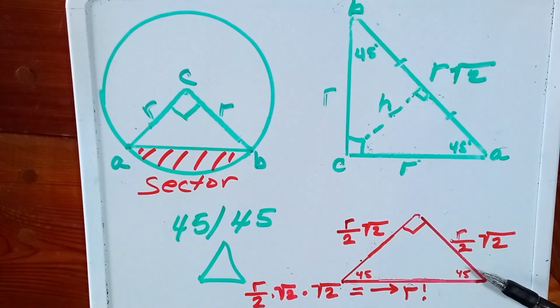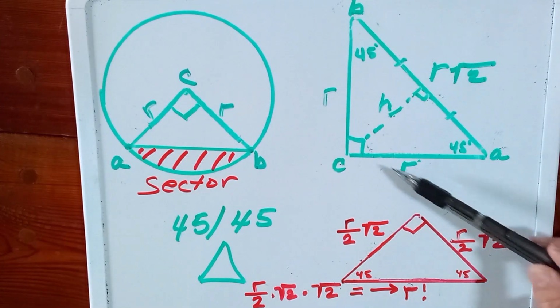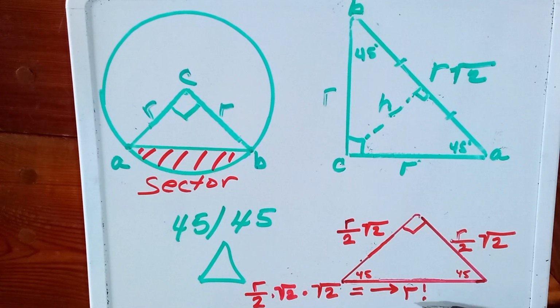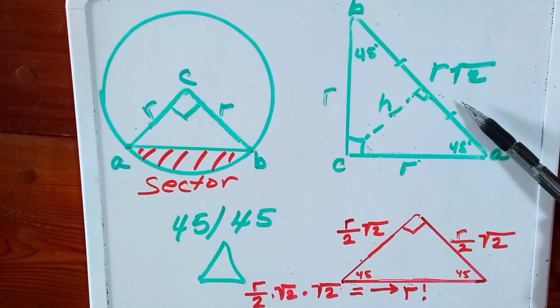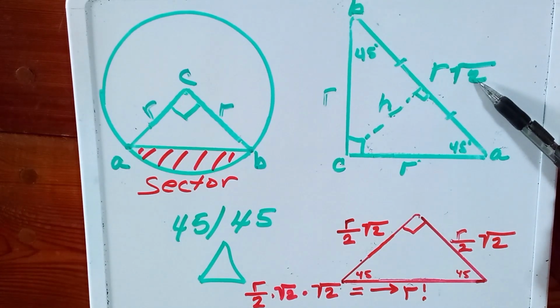So the only one measurement we know is the base. It's the same length, so that has to be R. But now we've got to go backwards, because to get from a leg to the hypotenuse we multiply by the square root of 2.